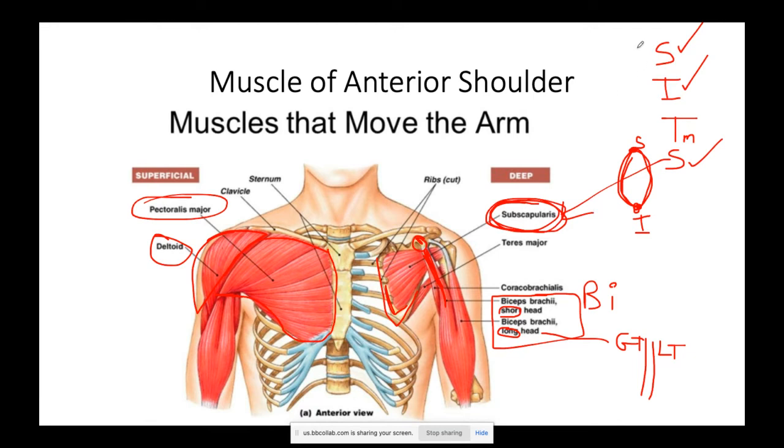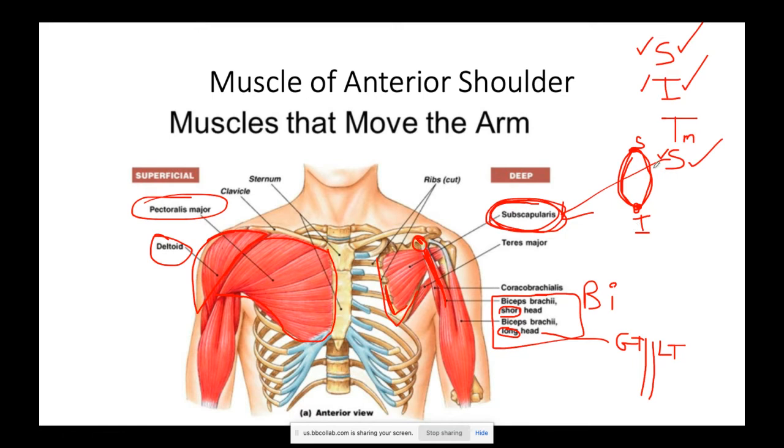And the supraspinatus originates on the supraspinous fossa. The infraspinatus originates on the infraspinous fossa. The subscapularis, which is this one in the picture, originates on the subscapular fossa.